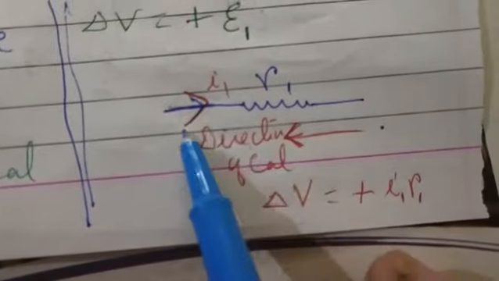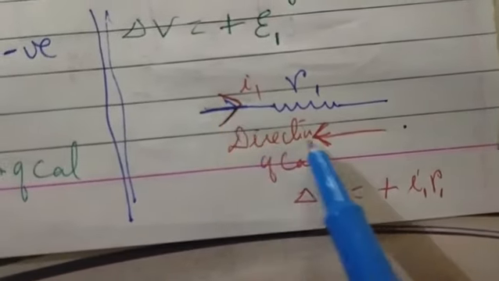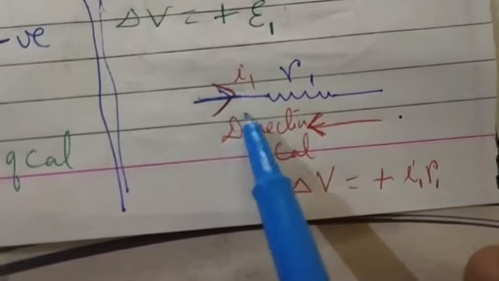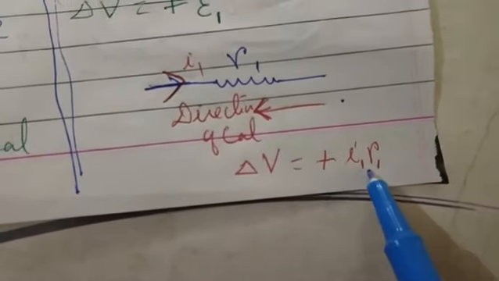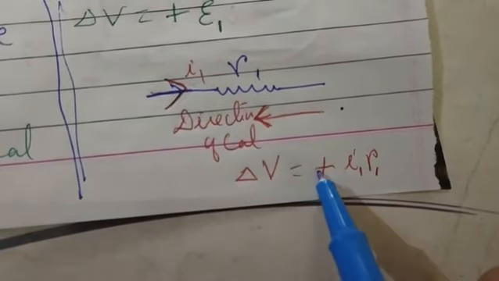If they are different, then delta V will be positive, and V is equal to IR.